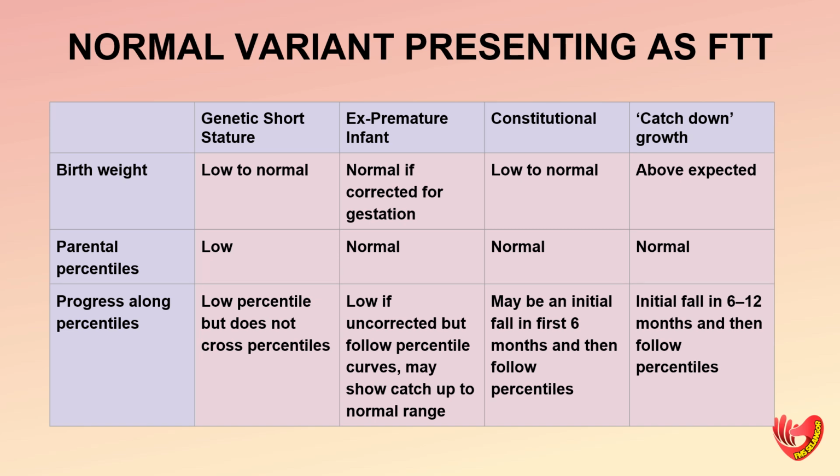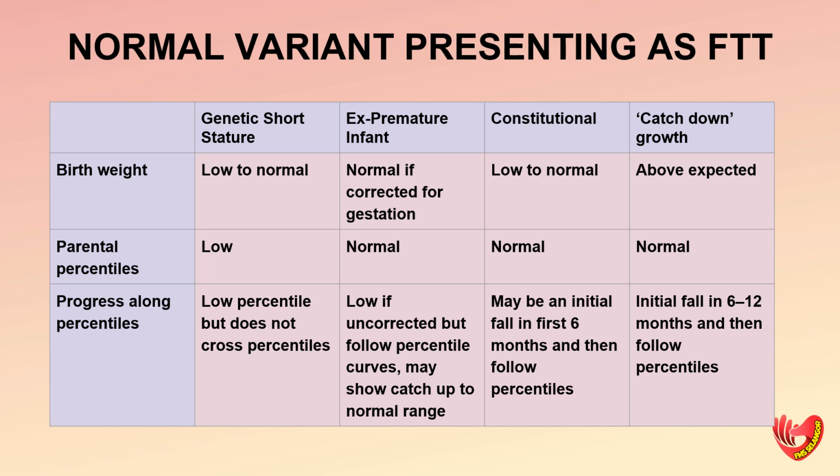If you see progress along percentiles, genetic short stature has low percentiles but does not cross percentiles, whereas for the ex-premature infant, the progress along percentiles is low if uncorrected but follows percentile curves, and may show catch-up to the normal range.